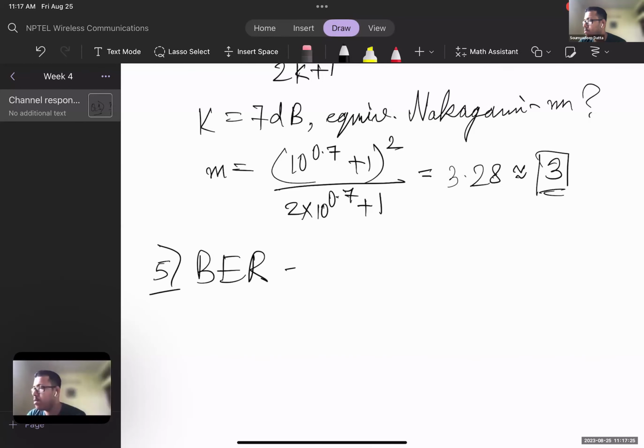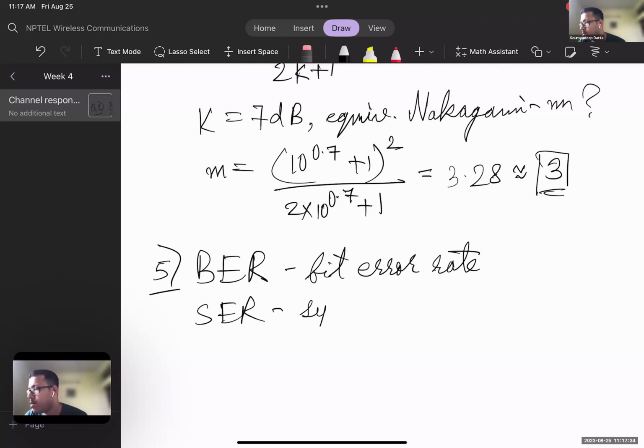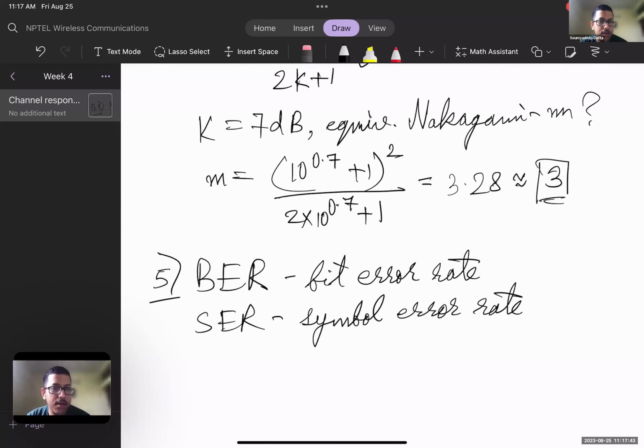So this stands for bit error rate, and then you have SER, which is symbol error rate, right? So this is that.